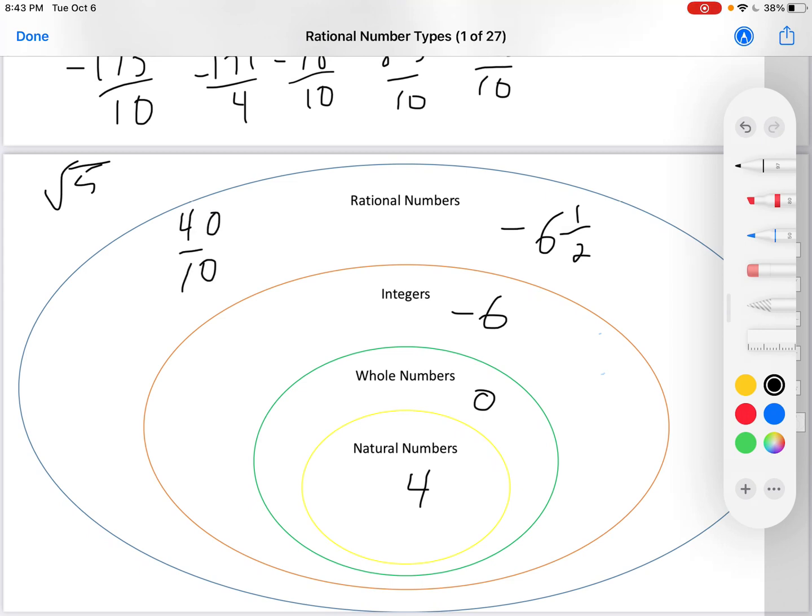All right, how about 40 tenths? Well, it looks like it's a over b, so it's obviously rational, but isn't it equal to 4? And 4 doesn't have a fraction part, so it doesn't belong there. Let's put it here in the integers, 40 tenths. But isn't it equal to 4, which has no fraction part, therefore it's an integer. But is that negative? No, so it doesn't belong with the other negative numbers in that part of the integer circle.